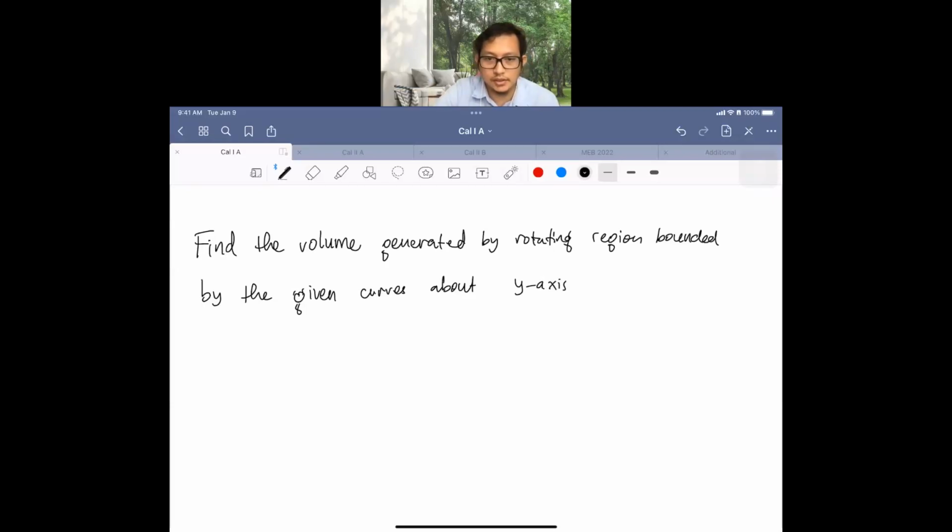Okay, let me check the curves. Okay, let's say we have the curves y equals 4x minus x squared, and then y equals x.